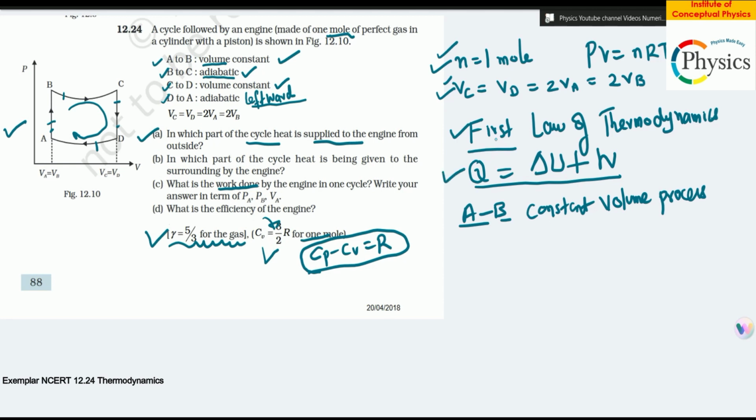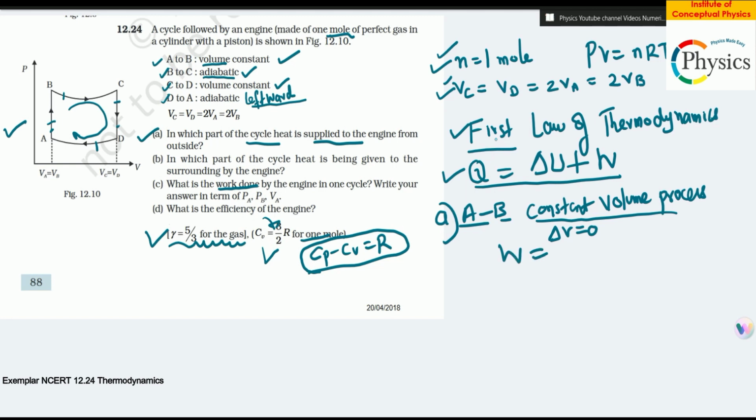Let's concentrate on part A of it. I'm just doing A. So when I say A, in which part is heat supplied? This is a constant volume process, right? In a constant volume process, delta V is equal to 0.